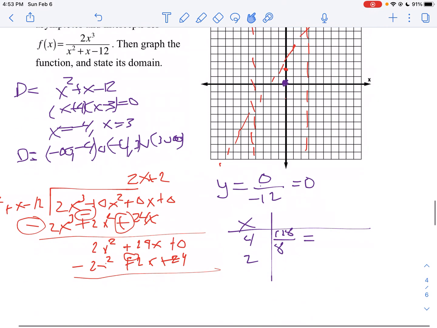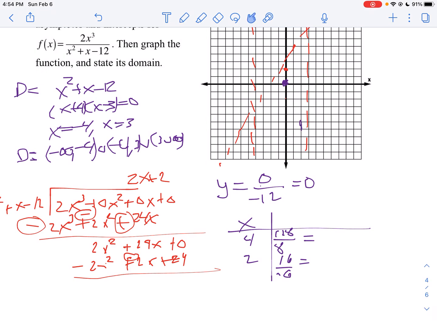So let's go 2. 2 cubed is 8, times 2 is 16, all over we put in 2. 2 squared is 4, plus 2 is 6, minus 12 is negative 6. So 16 over negative 6 is going to be a negative then, isn't it? So it's going to be down here someplace.